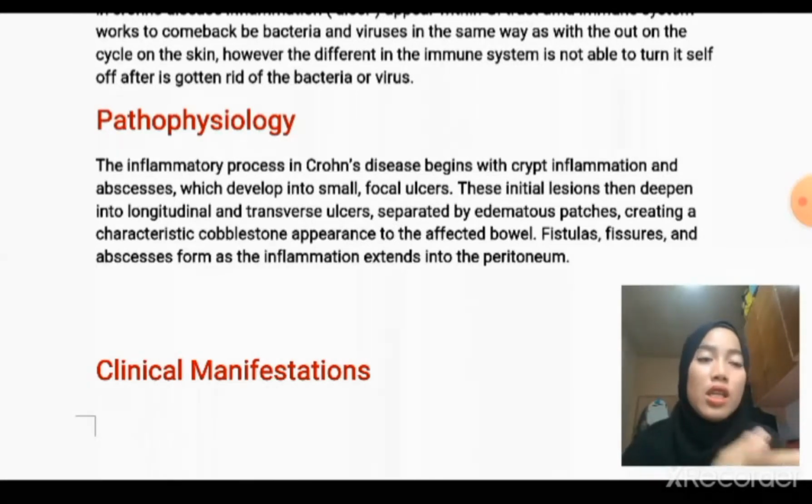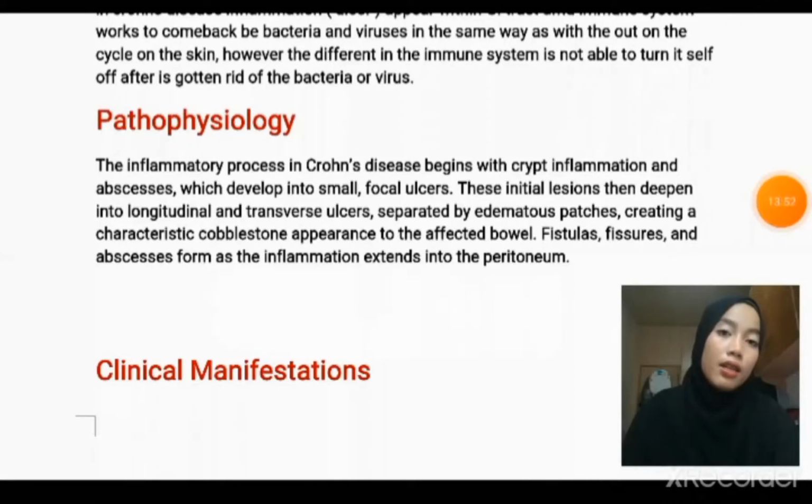These initial lesions then deepen into longitudinal and transverse ulcers separated by edematous patches, creating a characteristic cobblestone appearance to the affected bowel. Fistulas, fissures, and abscesses form as the inflammation extends into the peritoneum.